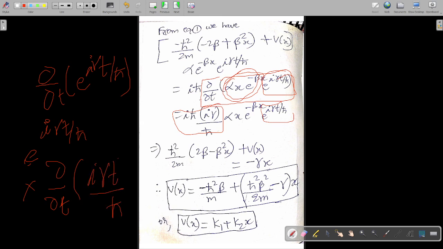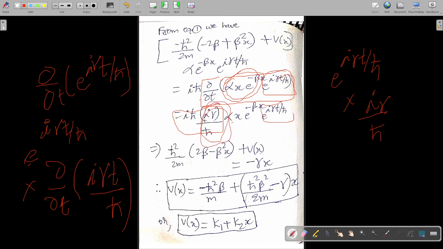So basically e to the power i gamma t over h cut, multiplied by i gamma over h cut. That's the thing which has been written over here.